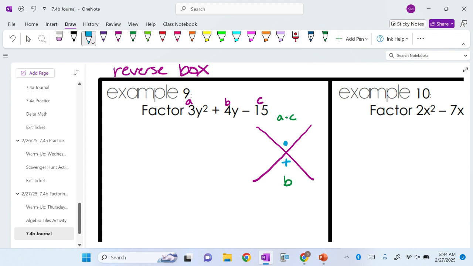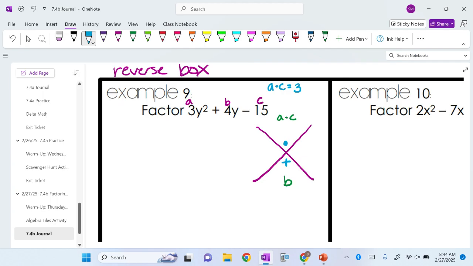All right. So what's A times C? What is that equal to number-wise? What's my A value? 3y squared, or in this case, just the 3. We only care about the number. What's my C value?